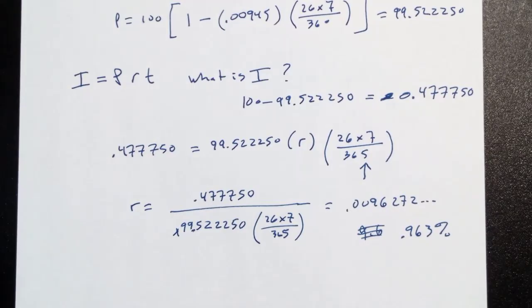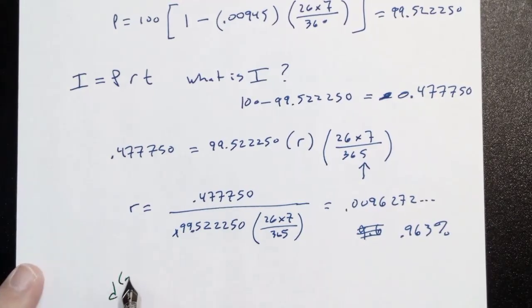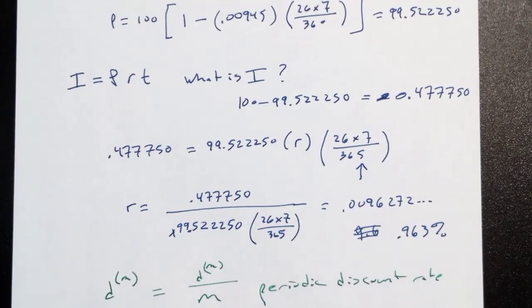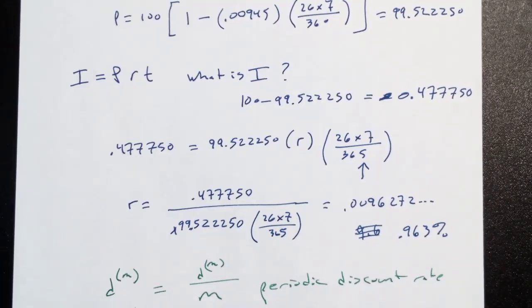Again, I'm going to say we have a nominal discount rate. So if we do DM, we're really doing that number divided by M. So that's the per period rate. And then we can go back and say, oh, well, then we have an effective annual rate.